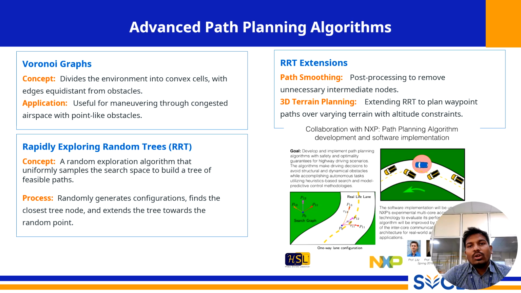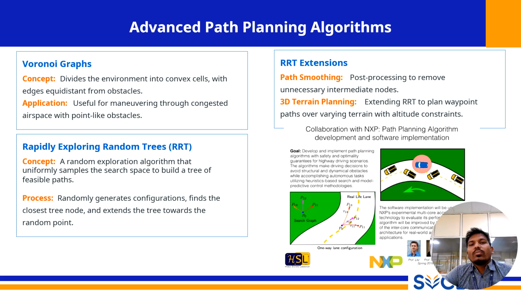So, what is the big idea behind RRT? The core concept is that it is a sampling-based algorithm, rather than an exhaustive search of the entire space, which can be computationally expensive. The RRT randomly samples the environment and builds a tree of possible paths.